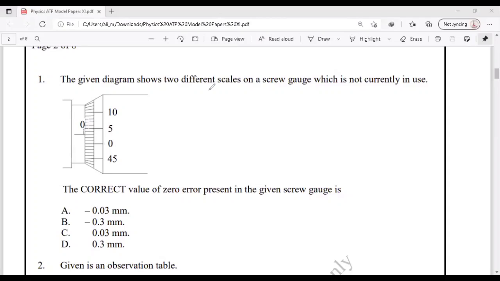The given diagram shows two different scales on a screw gauge, the main scale and the circular scale, which is not currently in use. These two zeros, zero of our main scale and zero of our circular scale, do not coincide with each other. This means that there is a zero error.